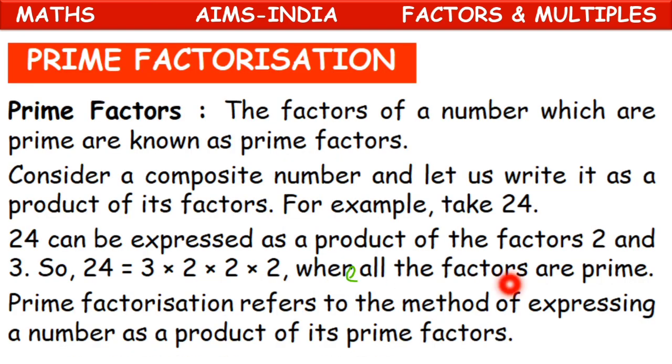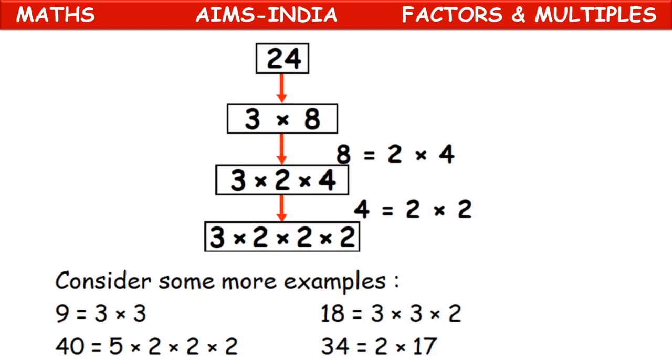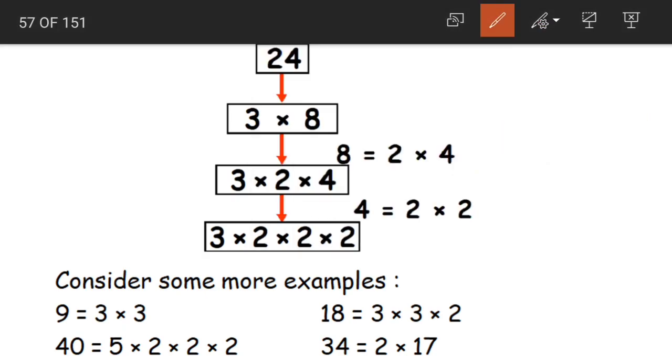Okay, children. Now see, what are we doing here? We have taken 24. 24 is nothing but our composite number. Yes, it has more than 2 factors. It has 1, 2, 3, 8, 12, 24. So it becomes our composite number. And what is the aim behind prime factorization?